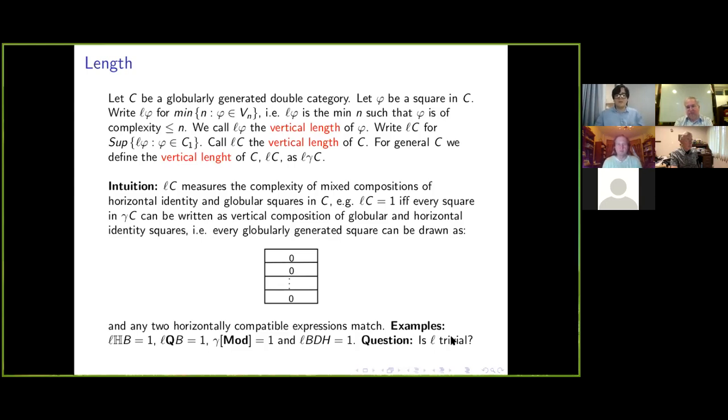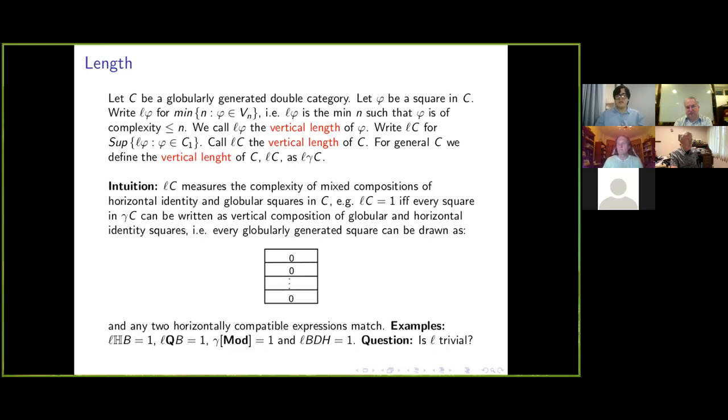Well, there's this technique for constructing globularly generated double categories from decorated bicategories through a free functor on the decorated horizontalization. I call this the free globularly generated double category associated to a decorated bicategory. The details are not important.